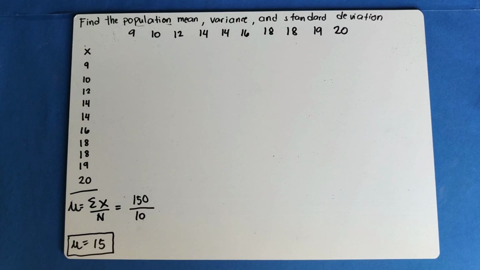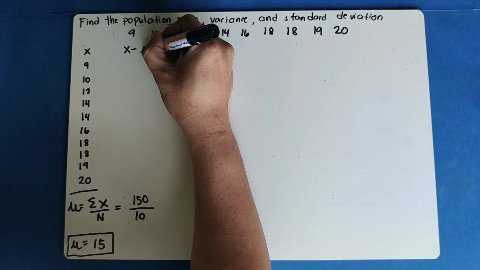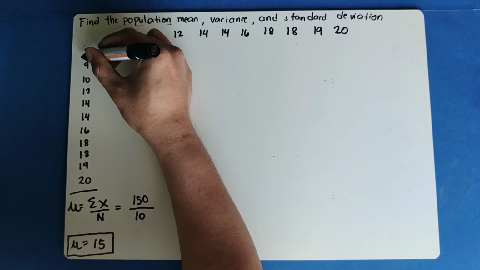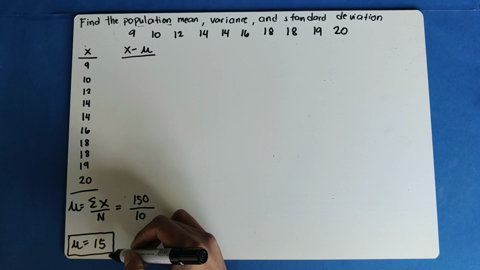Okay, the next thing that we need to do is subtract the population mean from x, which is 15.